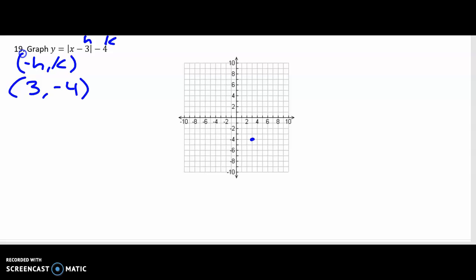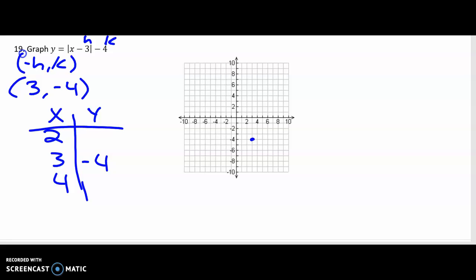Then what I need to do is make my little t-chart here to figure out my other points. So I have x, I have y. I know that when I plug in 3, I get negative 4. I'm going to pick one above and one below. Really quickly, just plug in either one of them. If I plug in 2, for example, I would have the absolute value of 2 minus 3, minus 4.